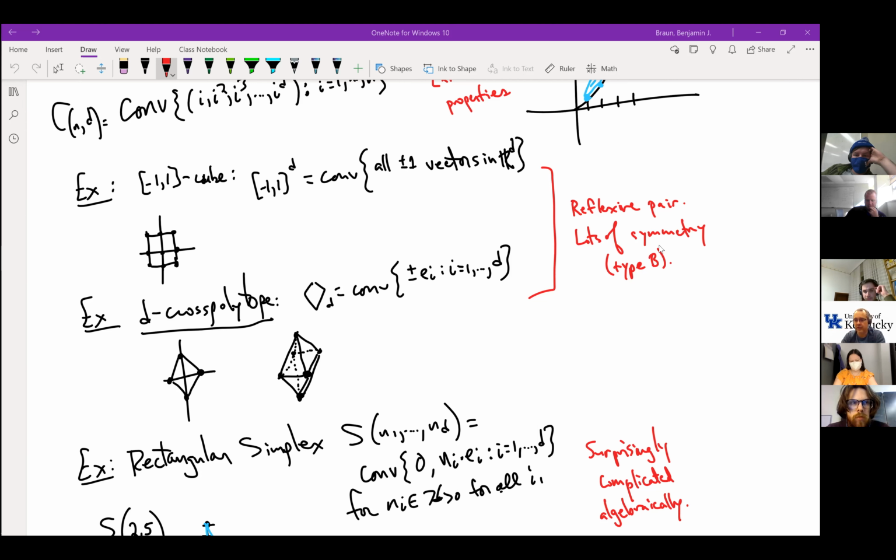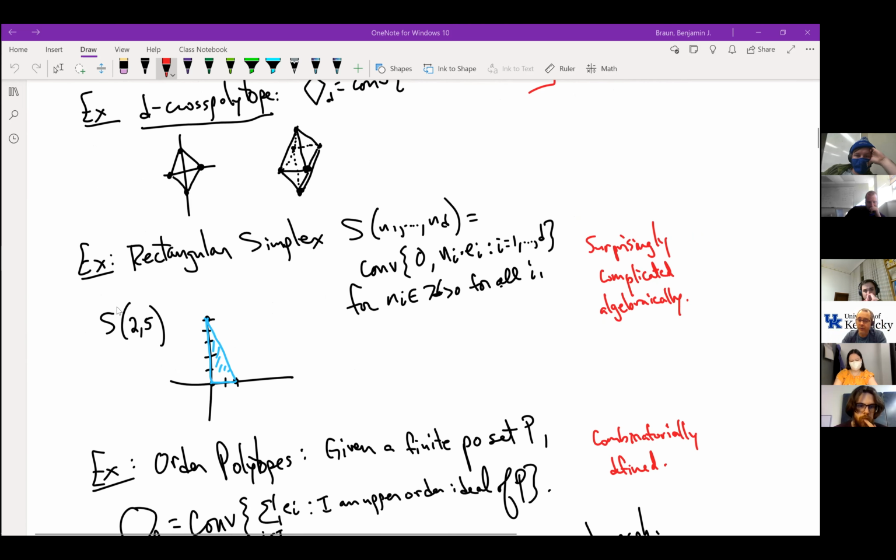It's a different looking lattice, but the convex hull of E1 through Ed is a d-1 dimensional polytope, and in its affine span, it actually is a standard simplex up to a unimodular transformation. Yep. Okay, cool. So this is a reflexive pair. I'll talk more about reflexives in a little bit.